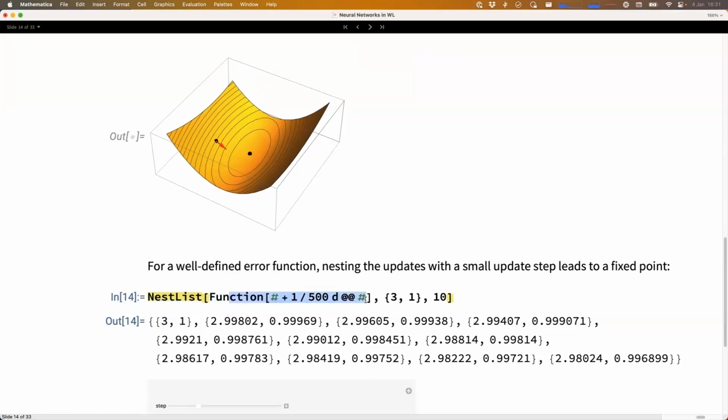So I can write here what is called a pure function that takes my point, which is like 3, 1, takes my derivative at that point, and here I put a small step because I don't want to move too much. In principle I would want to do an infinitesimal movement, very, very small, but we don't have infinite time to solve this problem, so we want to move a finite amount.